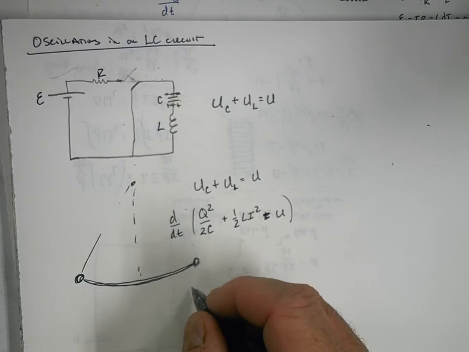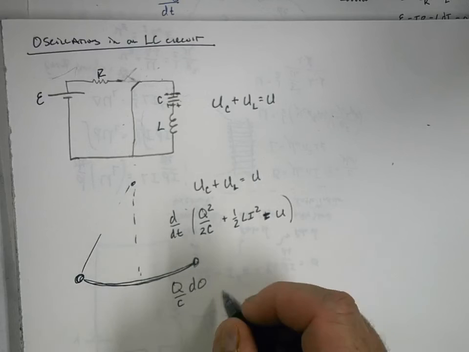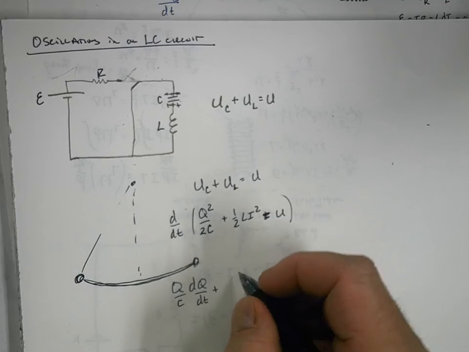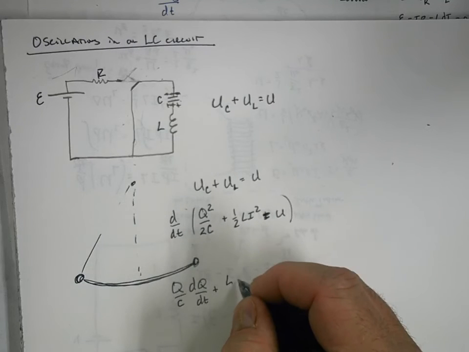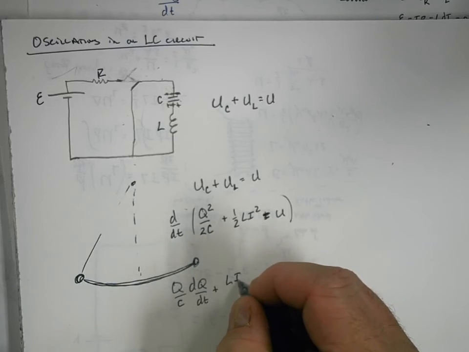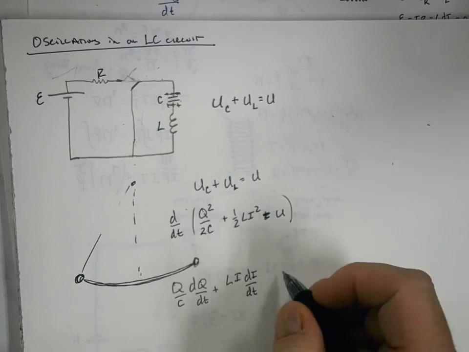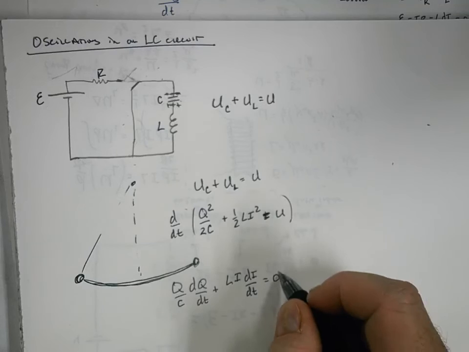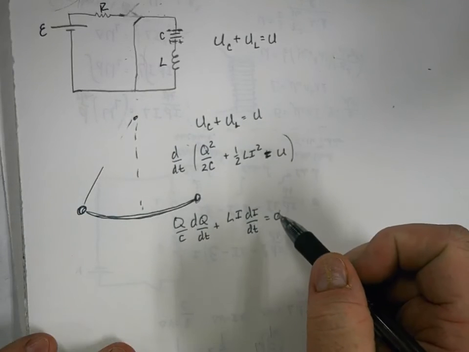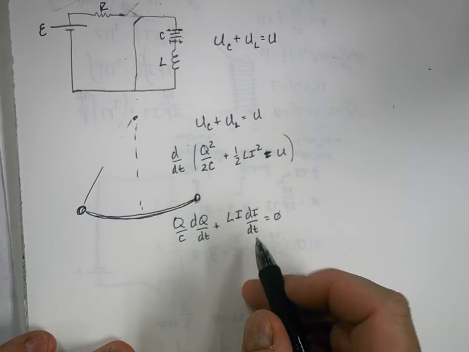This becomes Q over C dq dt plus L i di dt equals 0. Yeah? Guys following there? Okay.